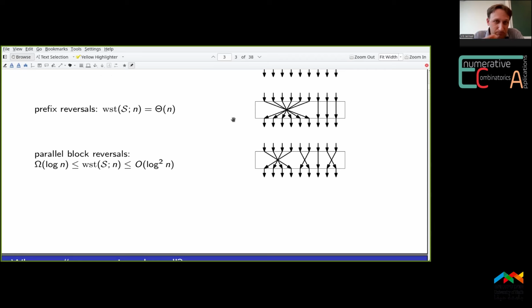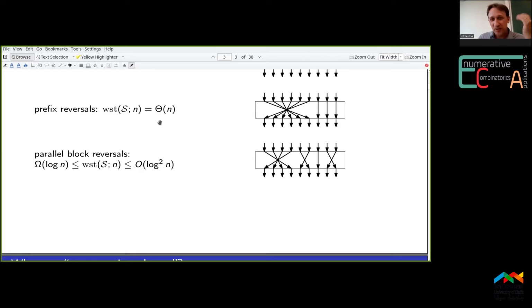This is a somewhat well-known combinatorial open problem known as pancake sorting, where you imagine that you have a stack of pancakes of different sizes, and all you can do with it is to pick up some number of pancakes from the top and flip them over. And the question is how many flips you need to sort them.